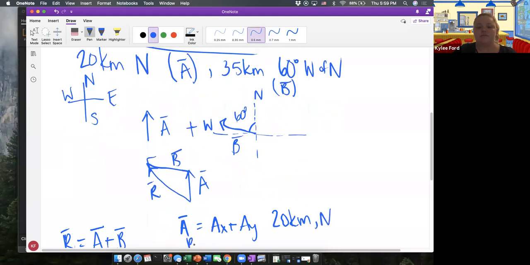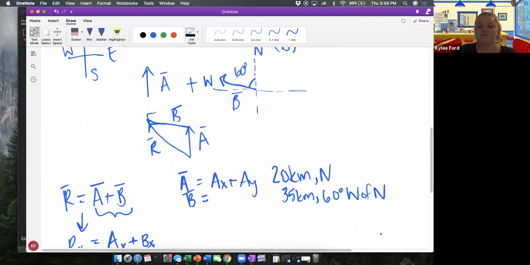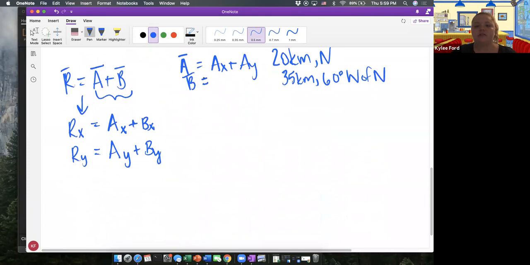Our B is 35 kilometers, not 35 degrees, 35 kilometers, 60 degrees west of north. Okay, just copied that down here. And again, we can break down B to BX plus BY.